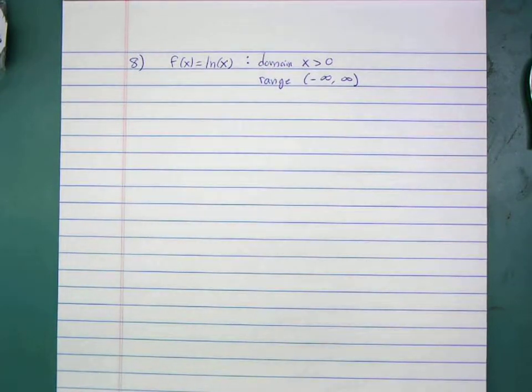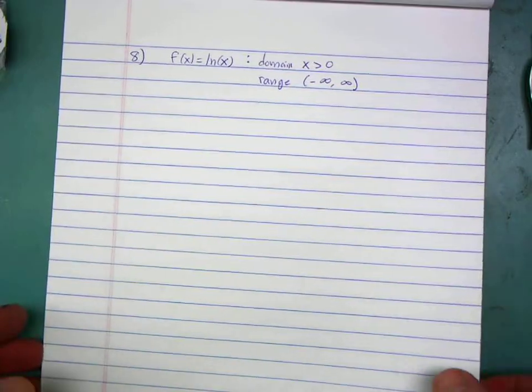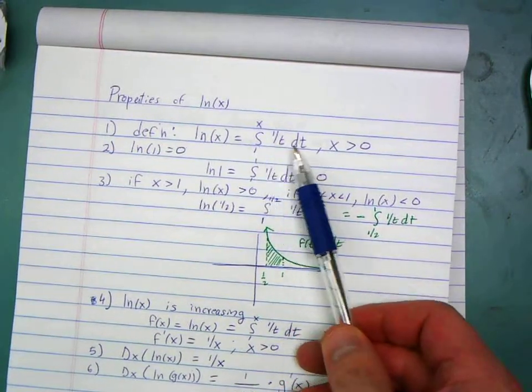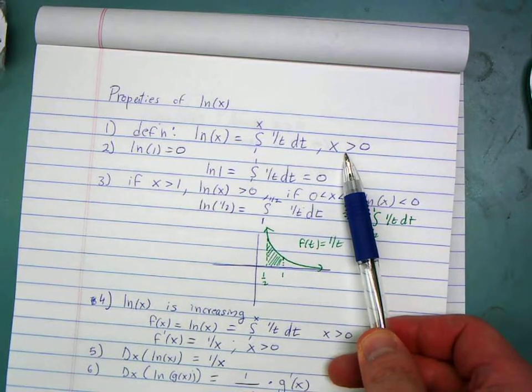Okay, so why is the domain x is bigger than 0? Yes, because there's a vertical asymptote there, and that's why when we defined ln of x, back in our definition of ln x, how did we define the domain? x is bigger than 0.